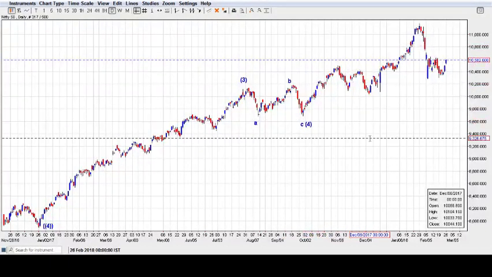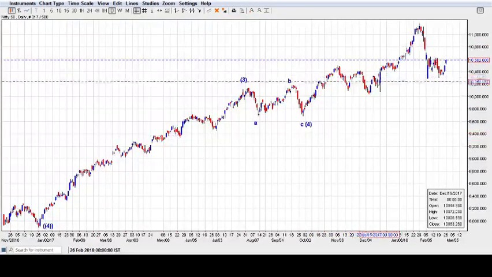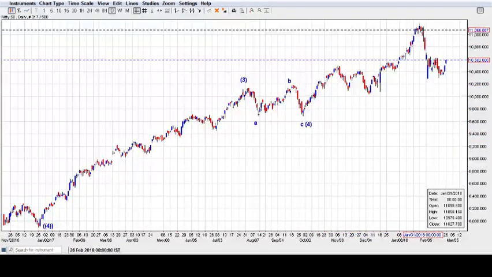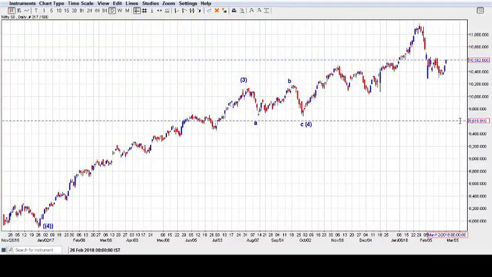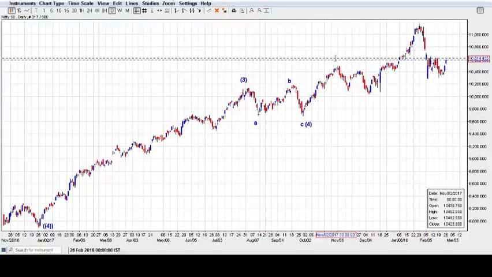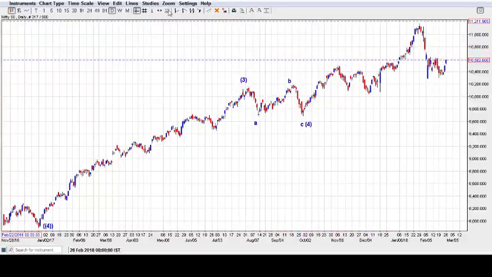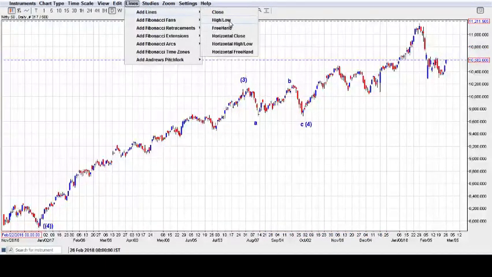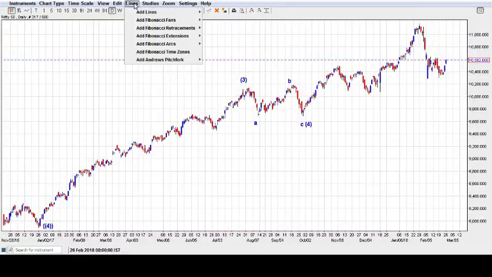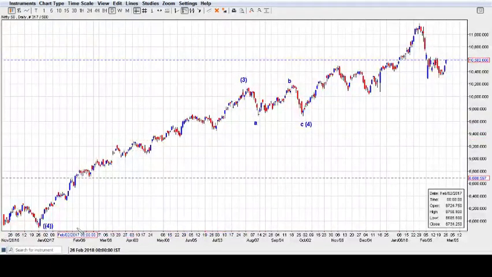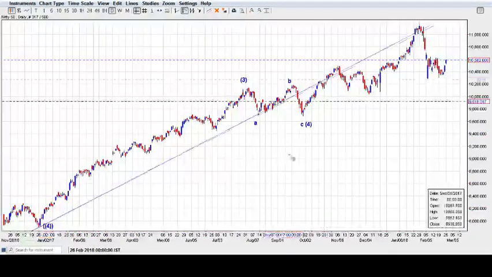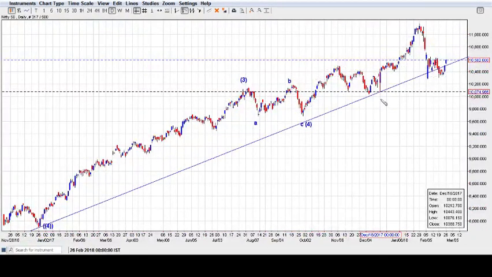Okay, now the big question is whether or not we have completed 5 waves, or is it still in the making? Is it still progressing or not? If we try to do a wave count analysis here, before doing the last wave, let's do a trend line first. This might not be the exact one, but should certainly give us some idea about what the trend is telling us.